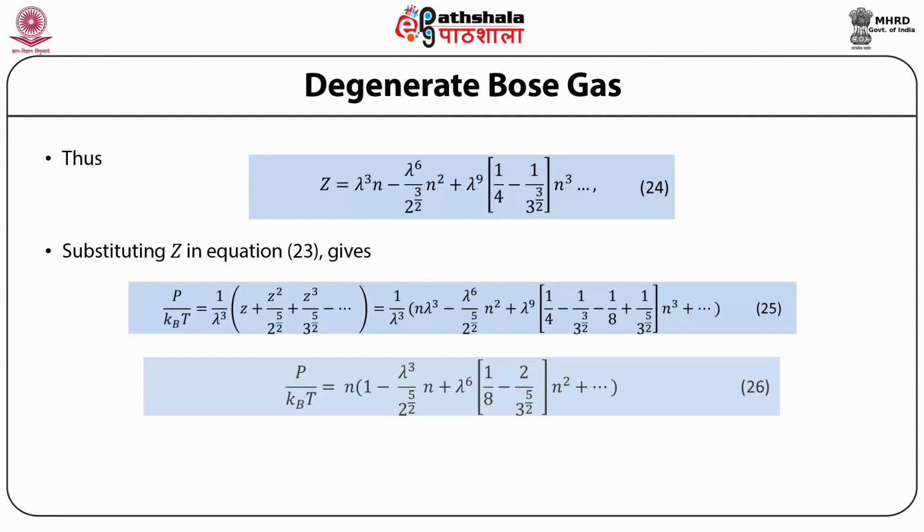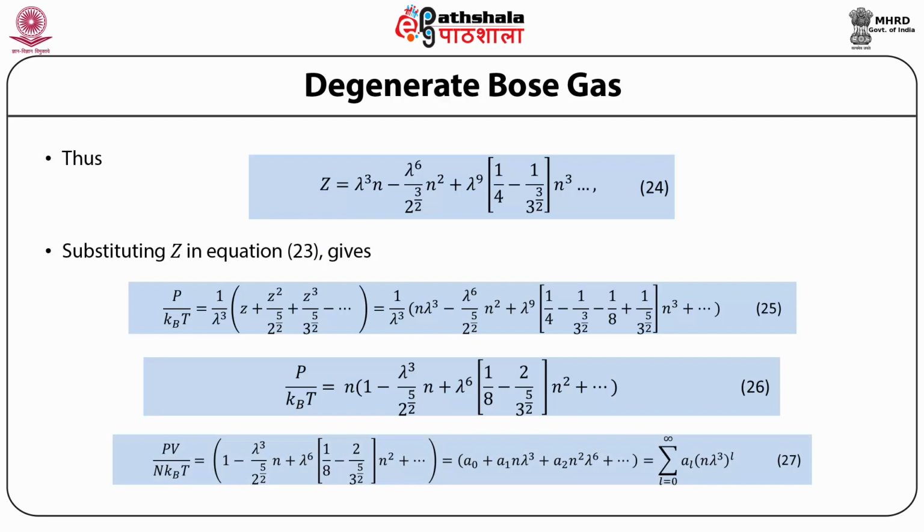Or P upon kBT is equal to n multiplied by 1 minus lambda cube upon 2 raised to power 5 by 2 multiplied by n plus lambda raised to power 6 multiplied by 1 upon 8 minus 2 upon 3 raised to power 5 by 2 multiplied by n square plus so on.